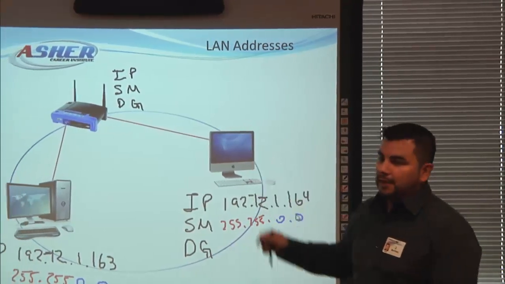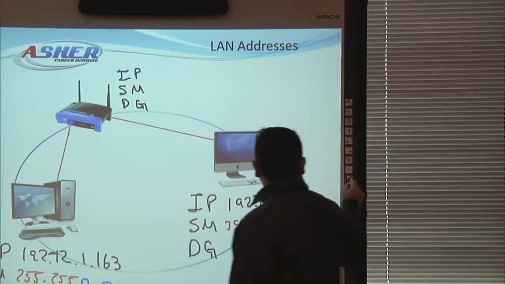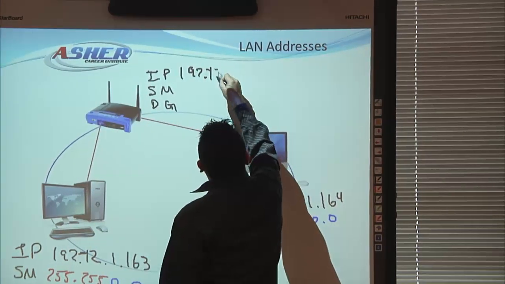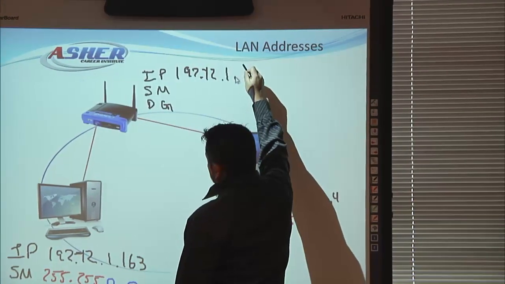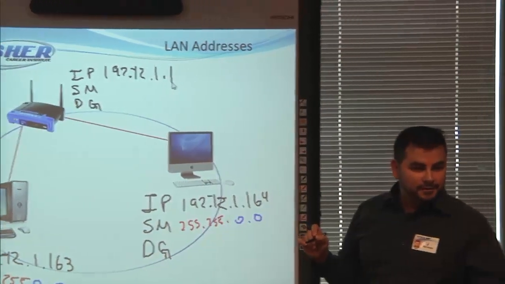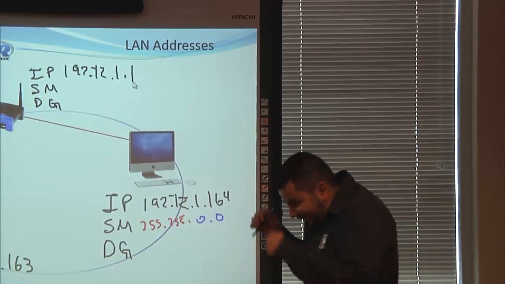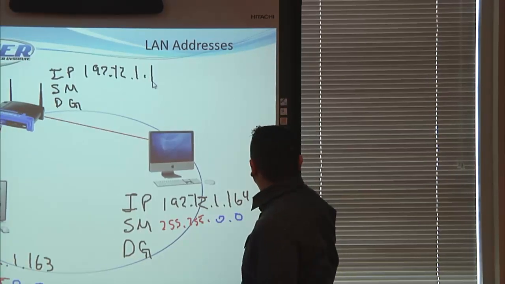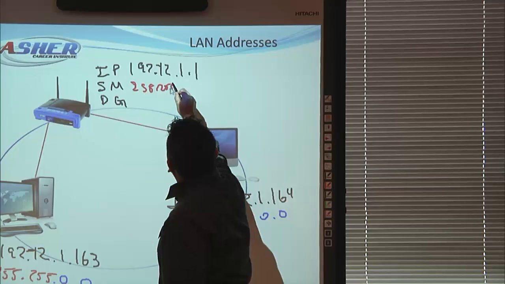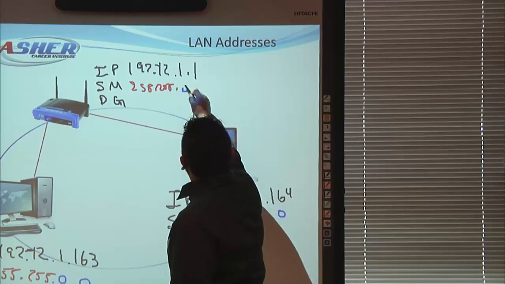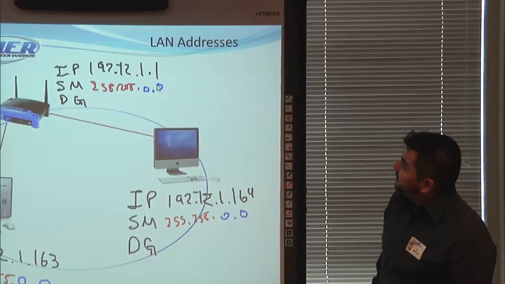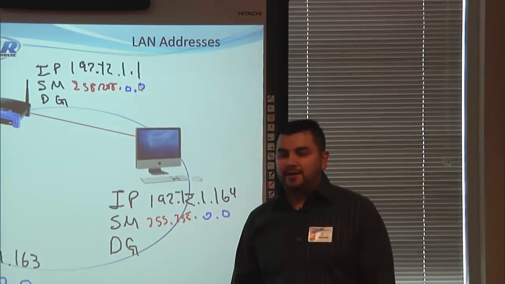Chris, what's my IP address for my top computer? 192.72.1.1. Okay. Who hasn't given me something? Bertha! She's hiding back there. 255.255.0. All right.